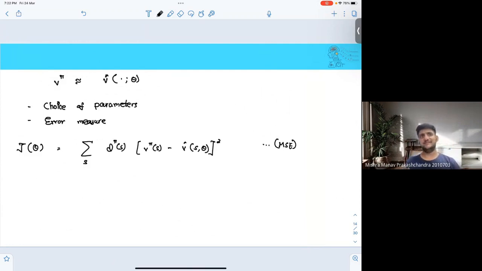This d pi of s gives the weightage that each particular mean squared error term needs to be given when I'm measuring the error. This new term d pi of s is called the steady state distribution.